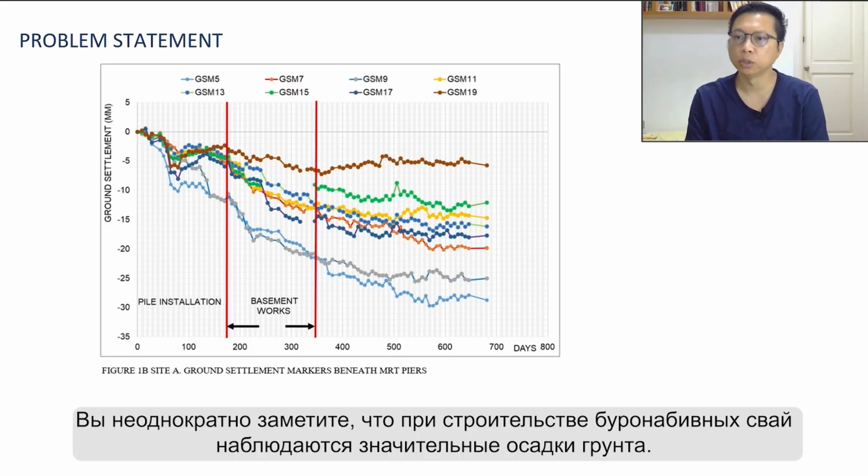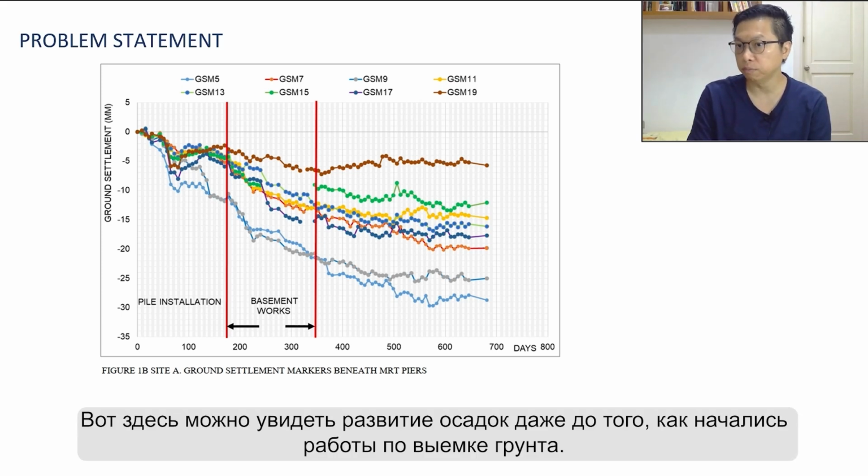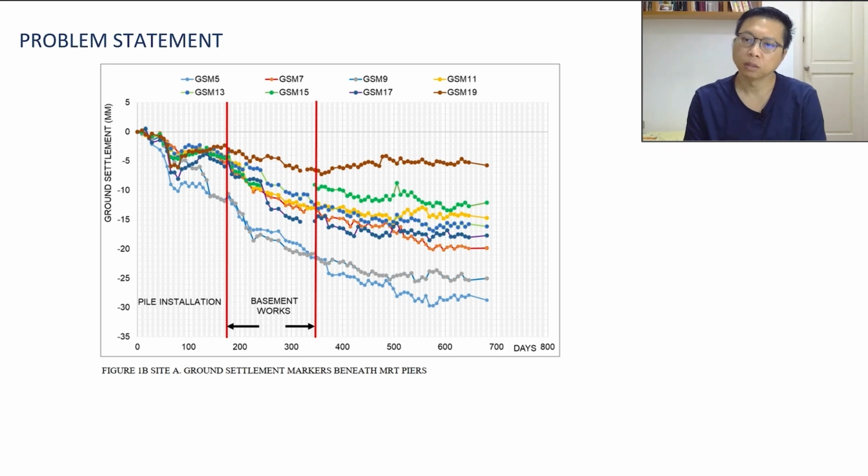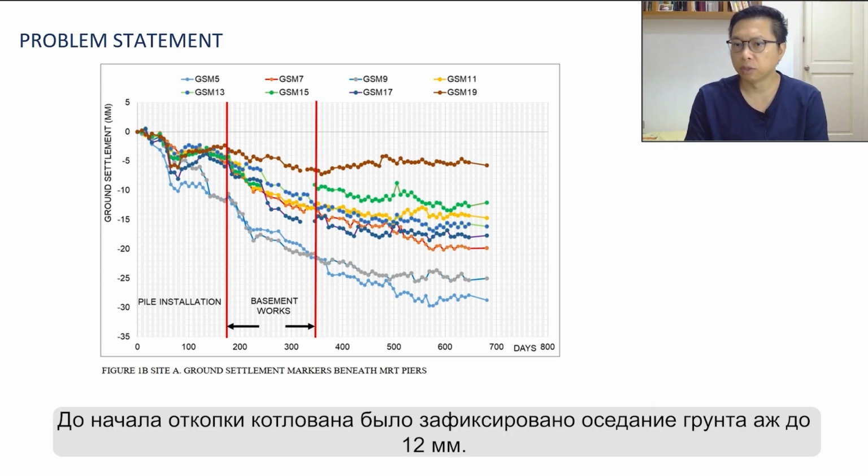Many times you will notice that a significant ground settlement has been recorded during the construction of the bore piles, even before the basement excavation work started, like what you can see in the settlement reading here. A ground settlement of as much as 12 mm had been recorded before the basement excavation work started.